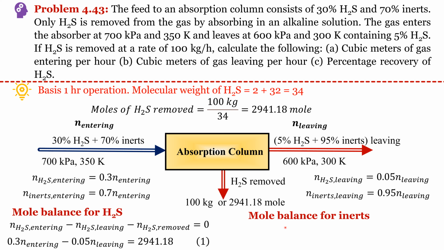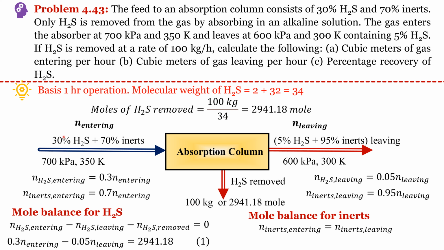Now we can do the mole balance for inerts. We can write N inerts entering equals N inerts leaving, because here only H2S is removed and nothing has been done with the inerts.